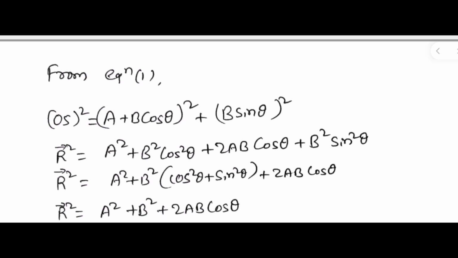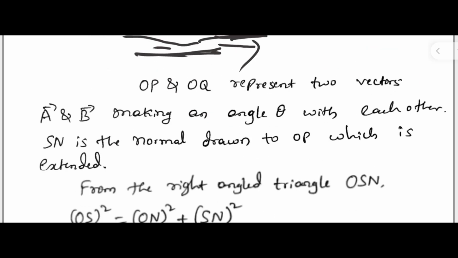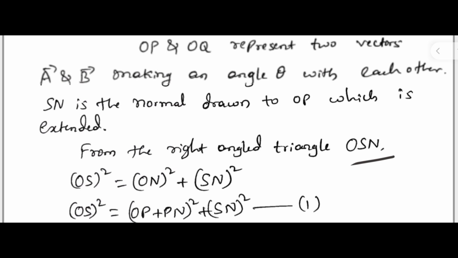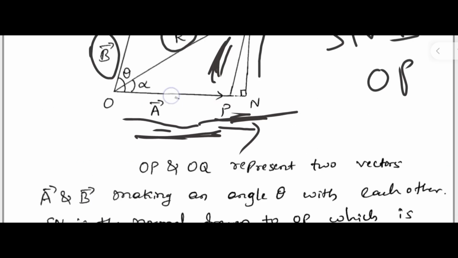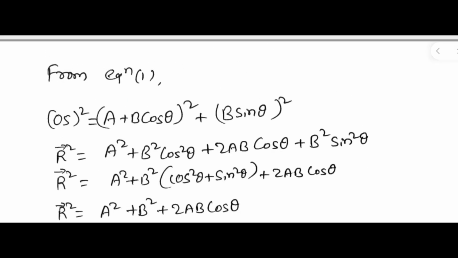From the diagram, OP means vector A. That value becomes A plus B cos theta whole square plus B sin theta whole square, using the SN and PN values.